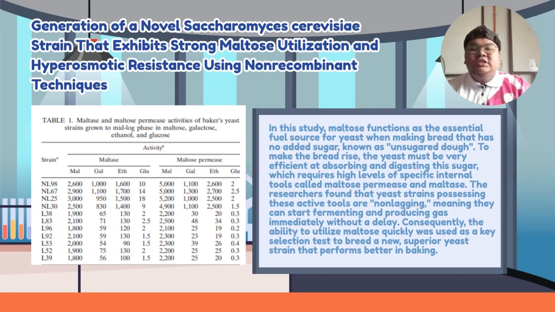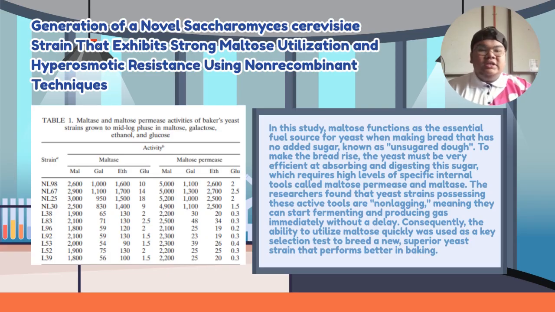Lastly, for the current research on this maltose sugar disaccharide, there is the generation of a novel Saccharomyces cerevisiae strain that exhibits strong maltose fermentation and hyperosmotic resistance using a non-recombinant technique. In this study, maltose functions as an essential fuel for yeast when making bread that has no added sugar, known as unsugared dough.